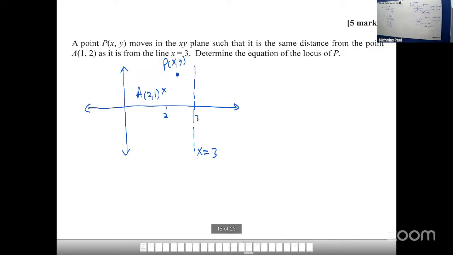Right, so it says that P(x, y) is the same distance from the point and the line. What does that sound like before you start to work it out? Which curve does it sound like? Circle, ellipse, or parabola? What do you think?